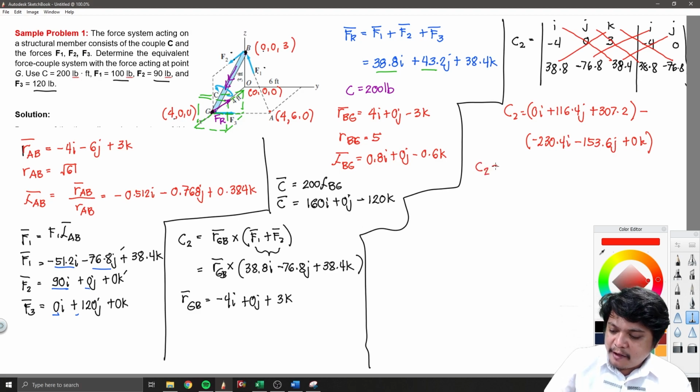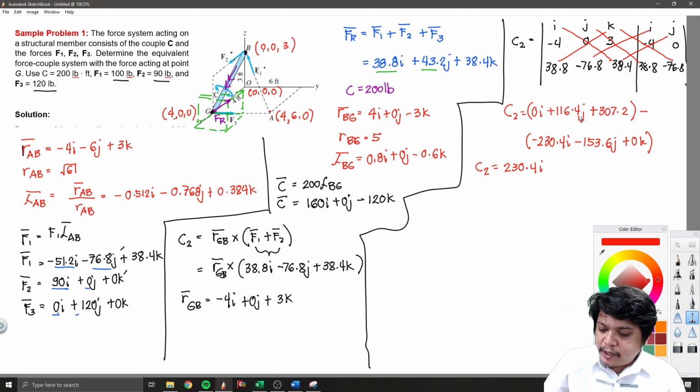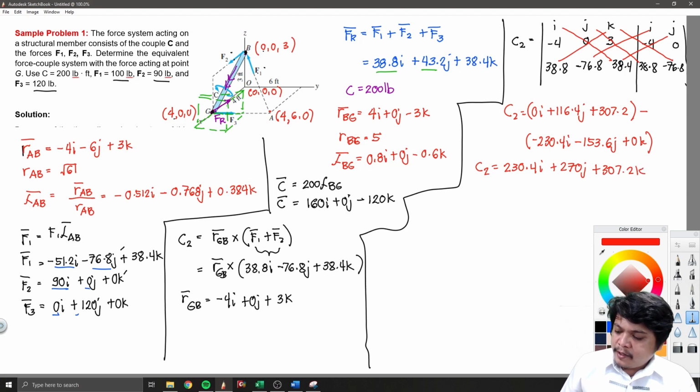So, we will be having the C2. 0 minus this one is 230.4 of I. Next, 116.4 minus negative, so that is plus 153.6. So, plus 270 of j. And lastly, plus 307.2 of k. Okay? So, meron ka na ngayong C2.